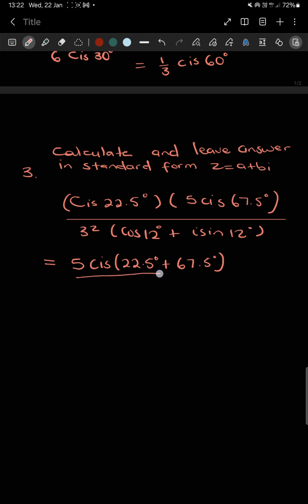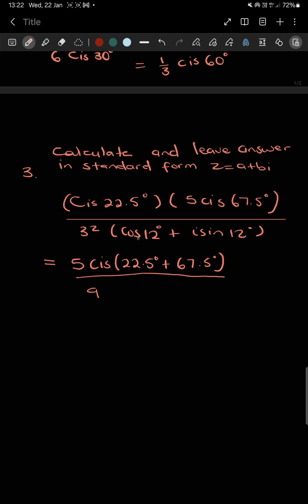Let's look at the denominator. 3 squared is 9. I don't know why they're trying to trick us, but it's 9. Then cos 12 degrees plus i sin 12 degrees. If you look at this thing, this is just the expanded form of the polar form. So we can bring it down so we can use our rules.